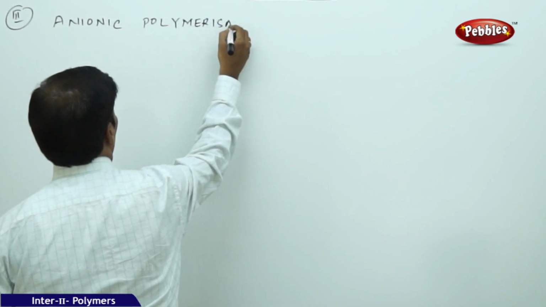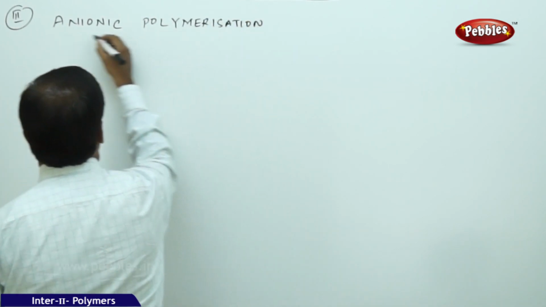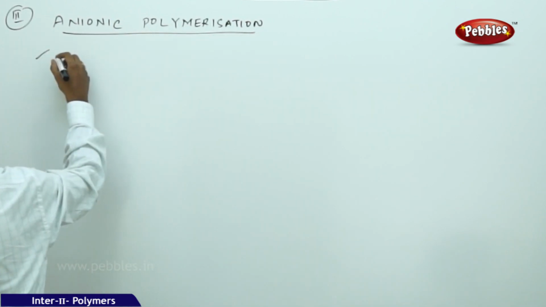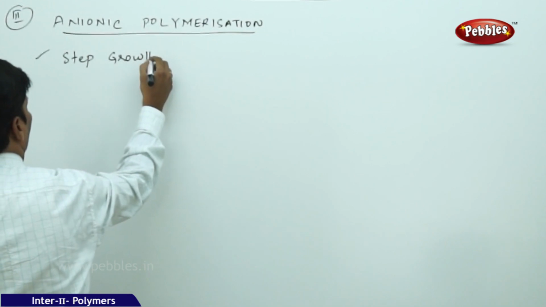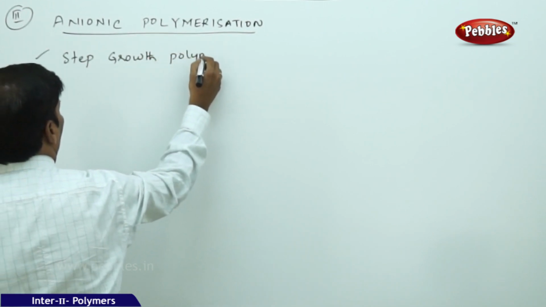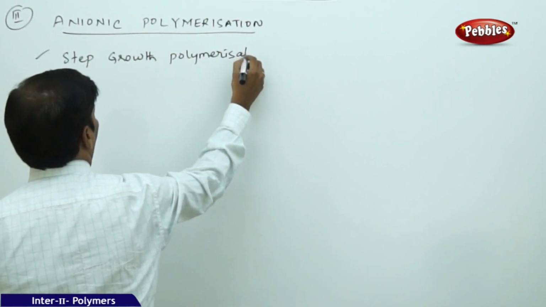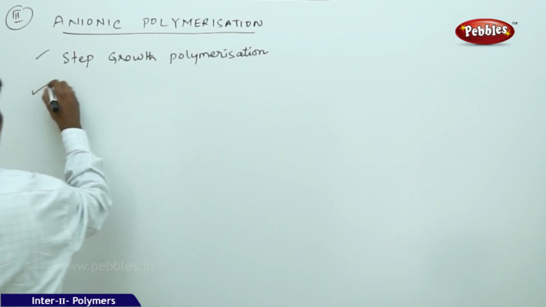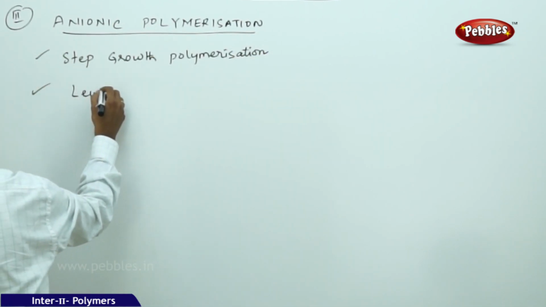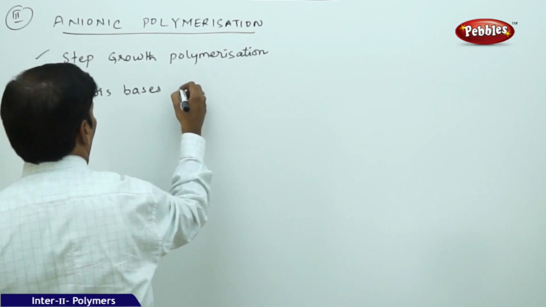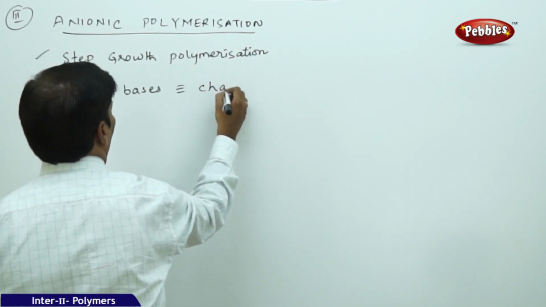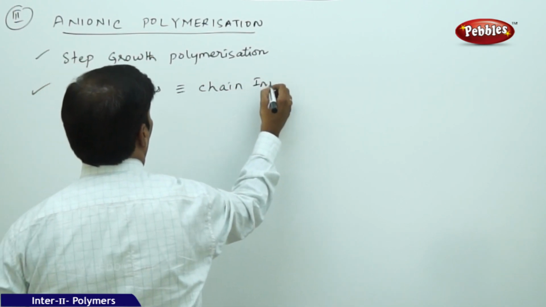Anionic polymerization. In the anionic polymerization, it's a step growth polymerization. Point number 1. Point number 2, Lewis bases are chain initiators.